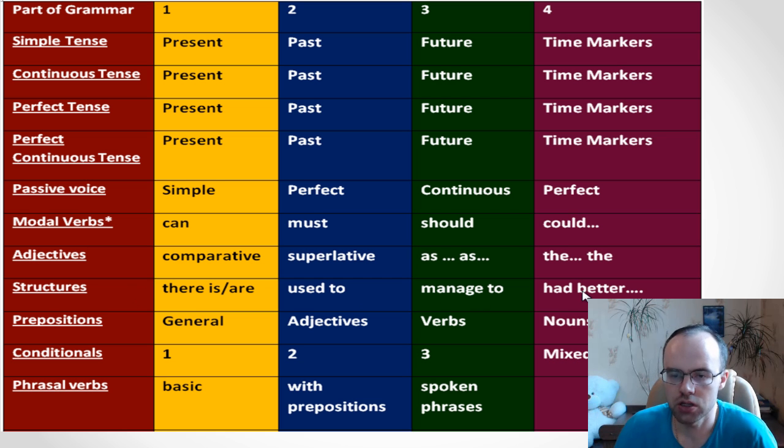It's a lot. English grammar isn't only about tenses, passive voice, or modal verbs. There are really lots of English grammar structures you need to know, and you see just some examples of it.